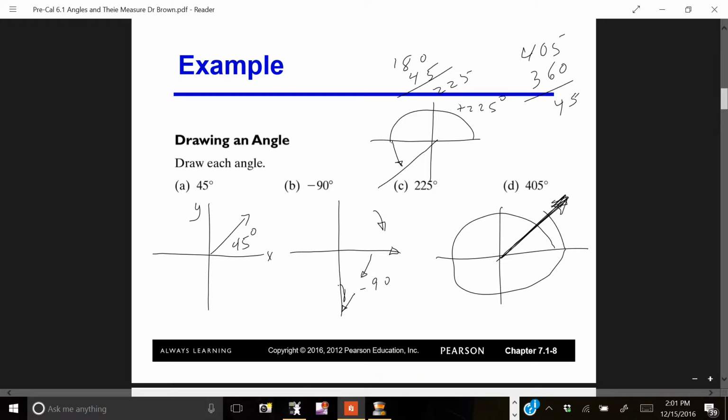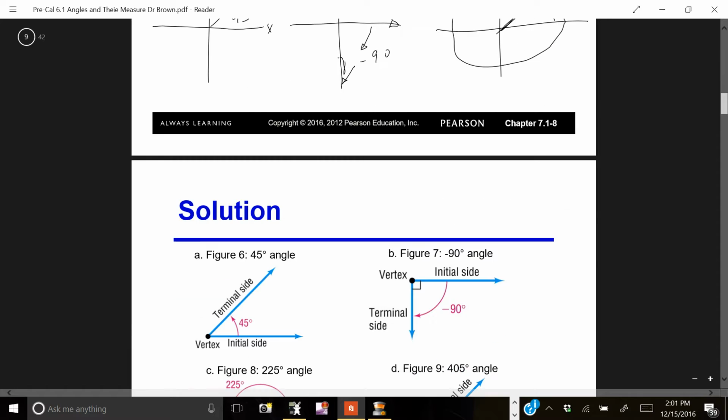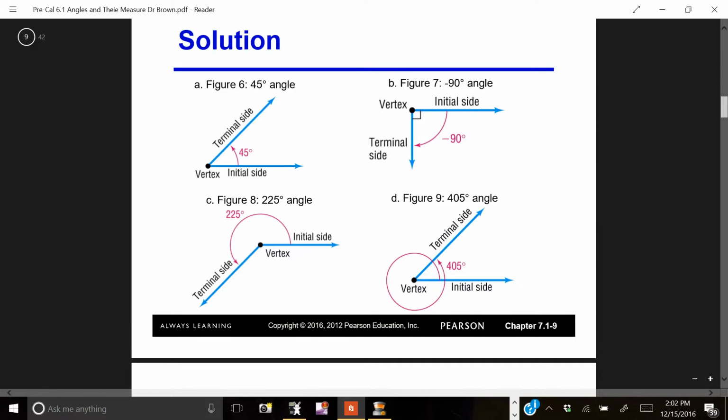And so this angle would be 405 degrees. So on the next page, you see a prettier drawing of what we just did. 45 degrees, minus 90 degrees, 225 degrees, and then 405 degrees, which would be 360 plus 45.